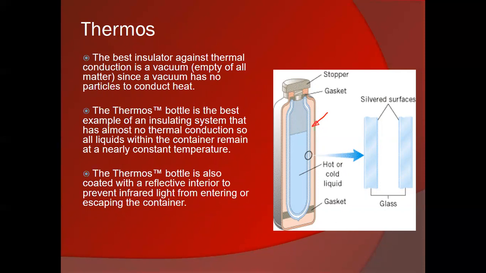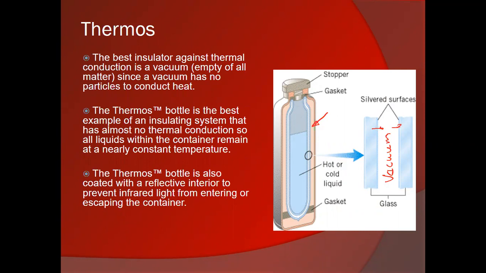And there's a vacuum here, so there's no air to conduct energy. So that's a vacuum, which means the absence of anything. So heat can't transfer from one wall to the other wall through conduction. Also, there's no air there, so there's no convection.